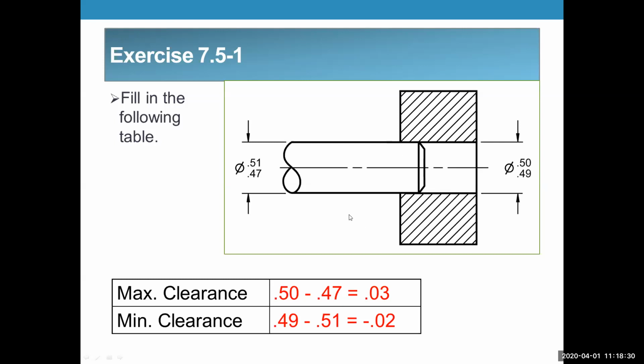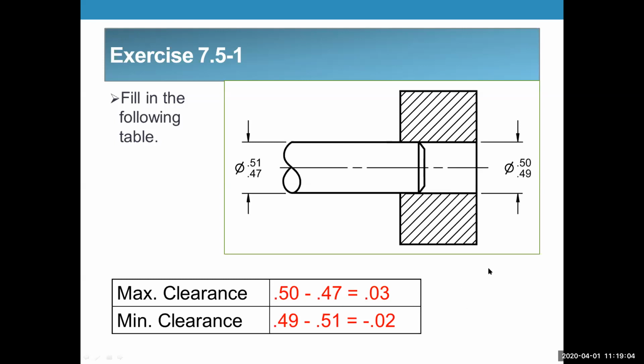But try pressing that in without some massaging, like heating the heck out of this part and freezing this part, to get them to expand and shrink to the point where you can get them together. Normal press fits are 3 or 4 10 thousandths, 5 10 thousandths, for the most part under a thousandth of an inch interference, and now we're talking about 20 thousandths.